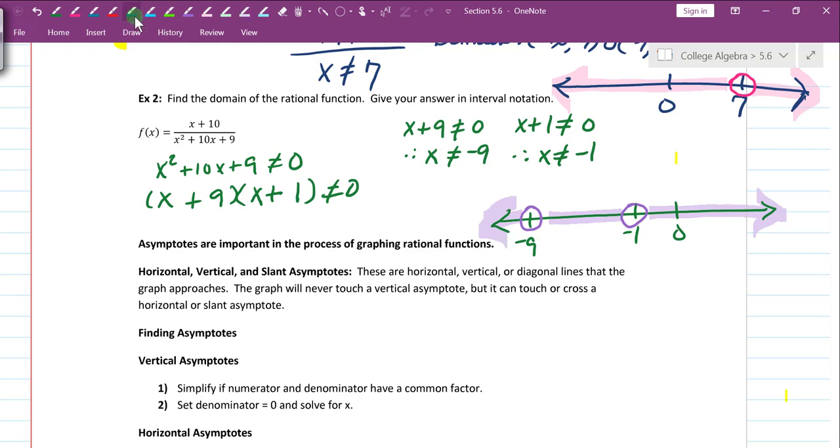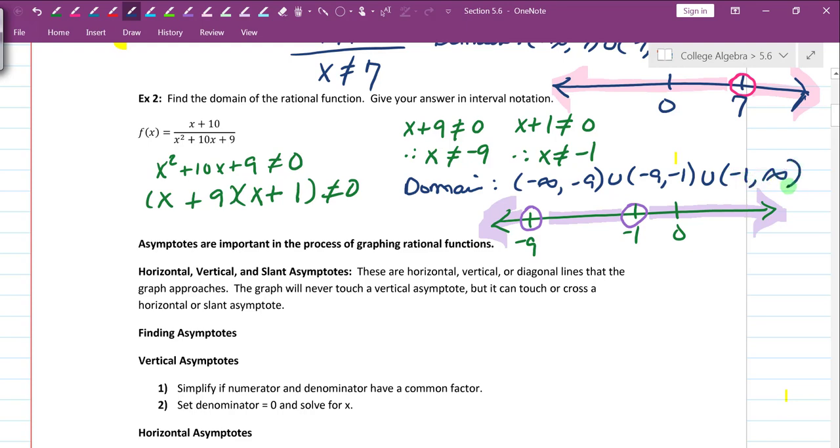The domain is going to be from negative infinity to negative 9, union negative 9 to negative 1, union negative 1 to positive infinity. And that's how we write it in interval notation.